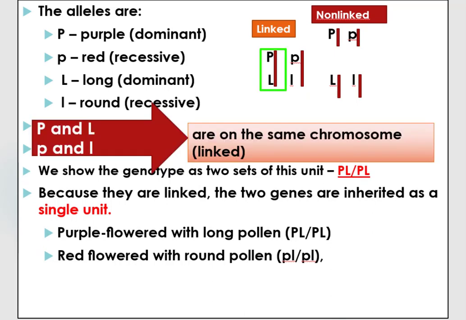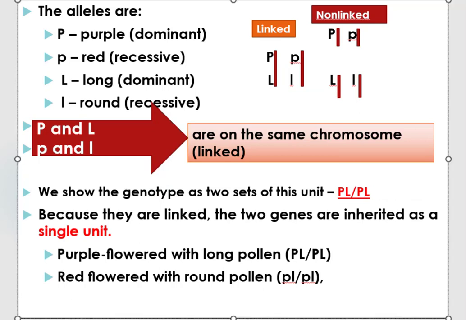Here, capital P and capital L are on the same chromosome, and small p and small l are on the same chromosome, which means capital P and capital L are linked, and small p and small l are linked.